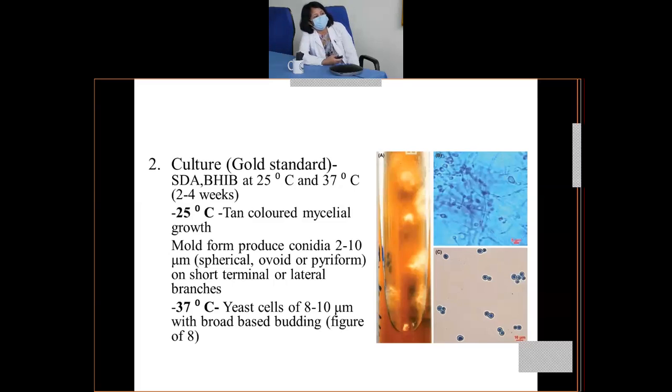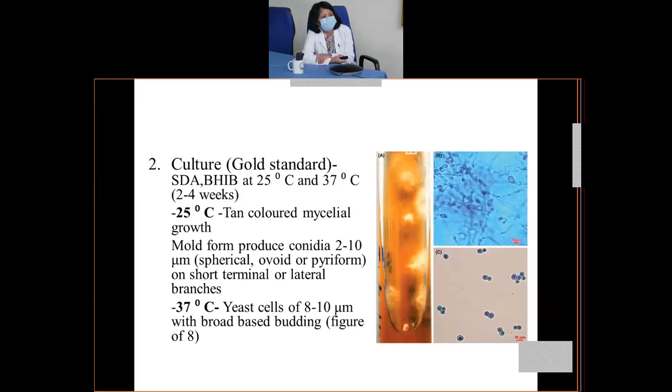So when this particular species grows at 25 degrees centigrade, if you look at picture A, they'll produce tan colored mycelial growth, which is cottony in type. And the mold form, when you examine it, picture B, is an examination using the lactophenol cotton blue mount.